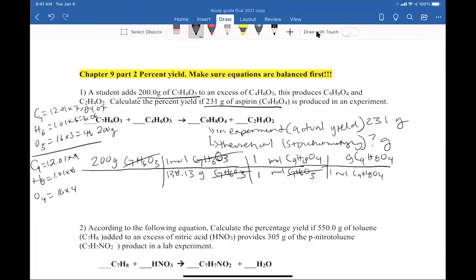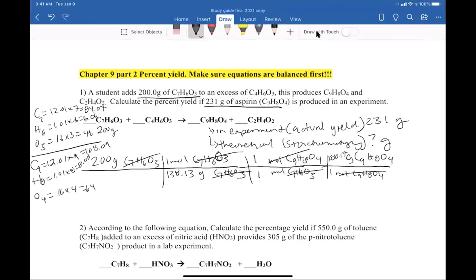Okay, so 16 times 4, 64. 1.01 times 8 is 8.08. 12.01 times 9 is 108.09. So we do 108.09 plus 8.08 plus 64. We get 180.17, okay? And that gets rid of that moles of C9H8O4.